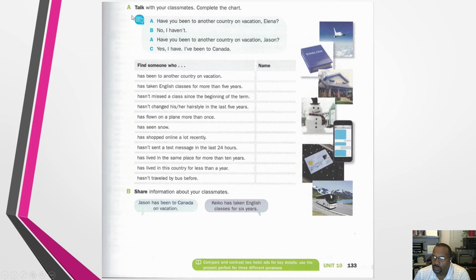Okay, so we've talked about the 3 uses of the present perfect, and we've been given some examples. So now, talk with your classmates. Complete the chart. The question is, have you been to another country on vacation, Elena? She would answer, no, I haven't.